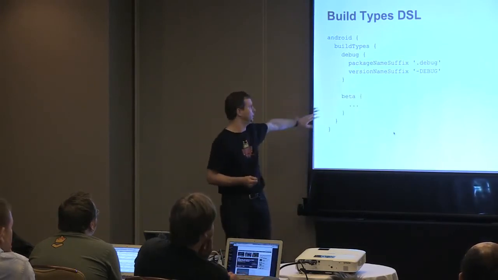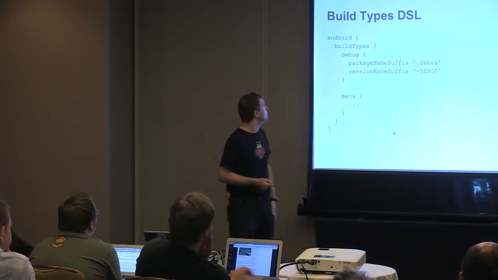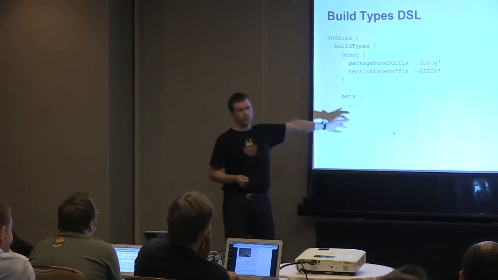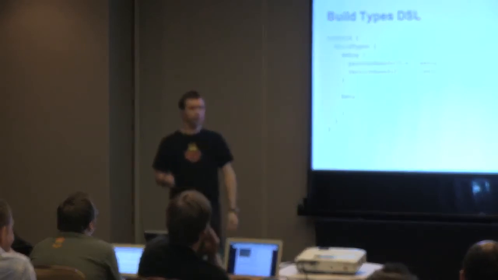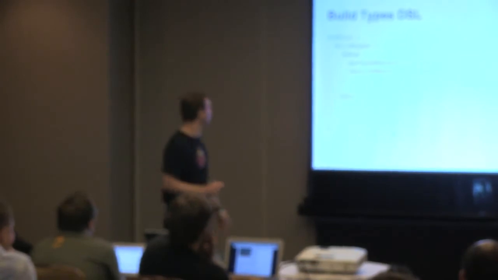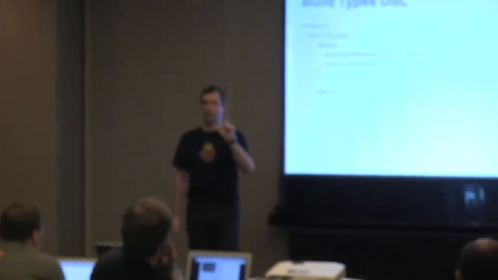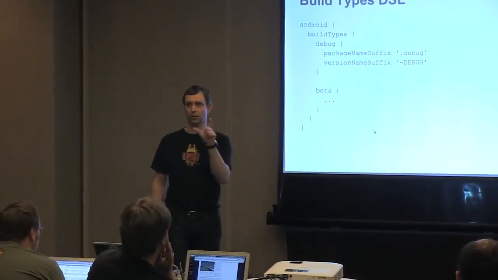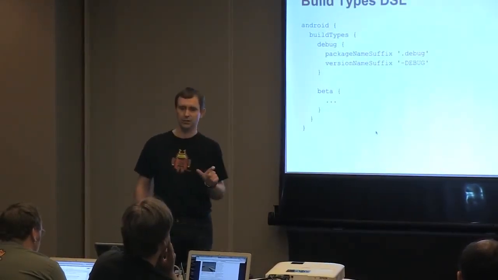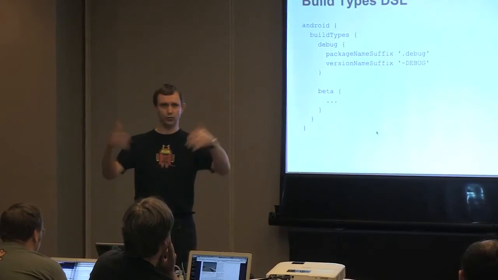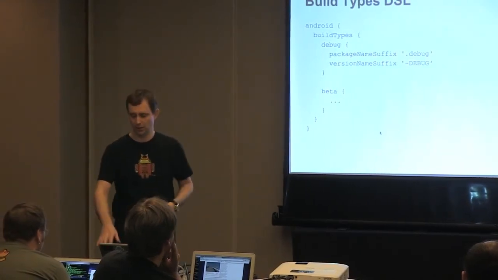And that could be whatever you want it to be. So here, we're just setting some parameters, and we're starting to add, for the few Android developers here, a package name suffix. So as I said earlier, applications are uniquely identified by a package name that's defined in the manifest.